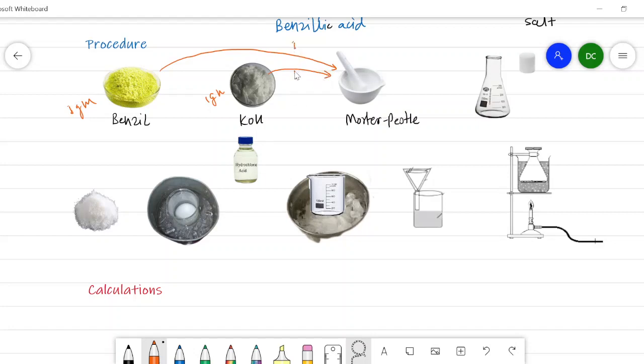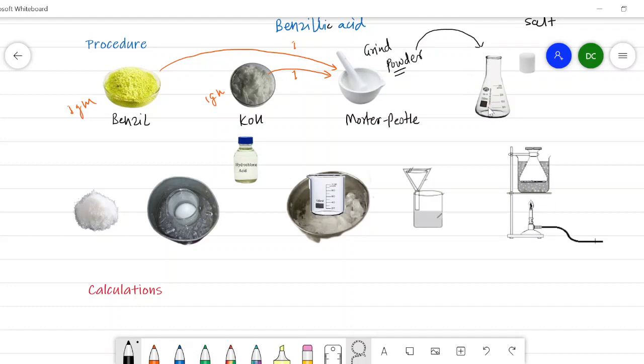The quantity is the same, 1 gram and 1 gram, and both KOH and benzil are ground together till there is formation of a powder. After grinding, we get a free flowing powder, and this powder is taken into the conical flask.